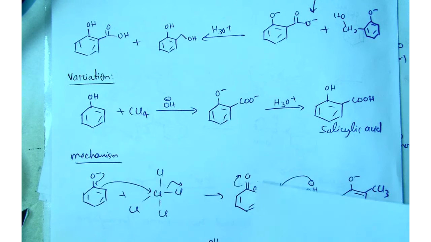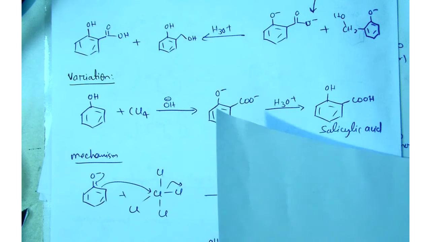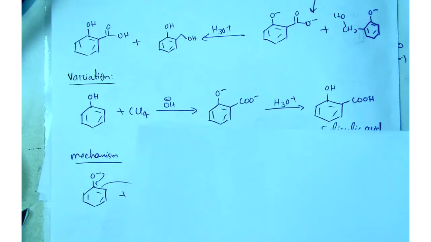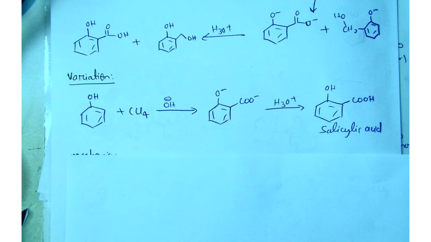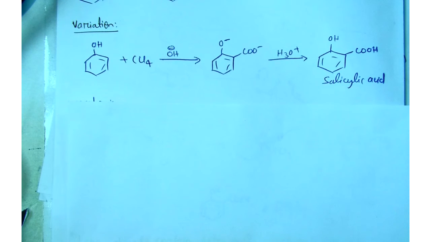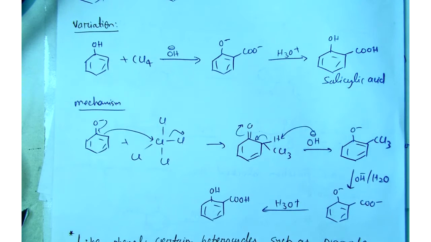This is more simple, so you can see here how this works. In the last step, all three chlorines are replaced with OH, and then COO minus and then COOH.